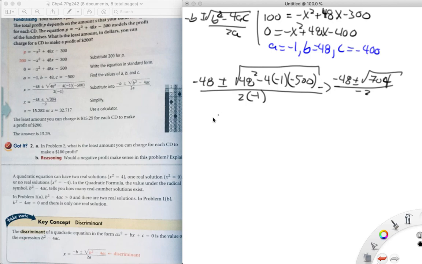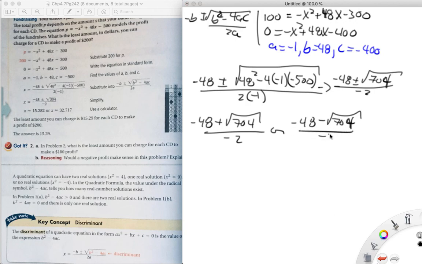Okay. So again, I have two scenarios: negative 48 plus the square root of 704 over negative 2, or negative 48 minus the square root of 704 over negative 2.